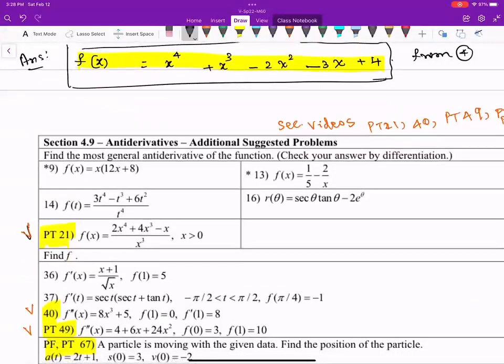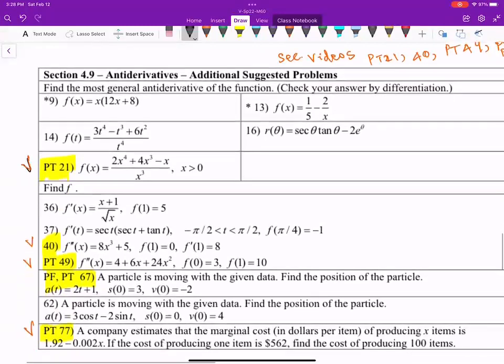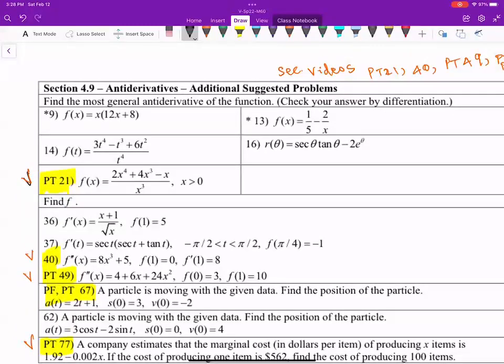So there are some additional problems in this exercise here. You notice that there are many problems that are already done in the section videos. So please refer to my section videos, for section 4.9.